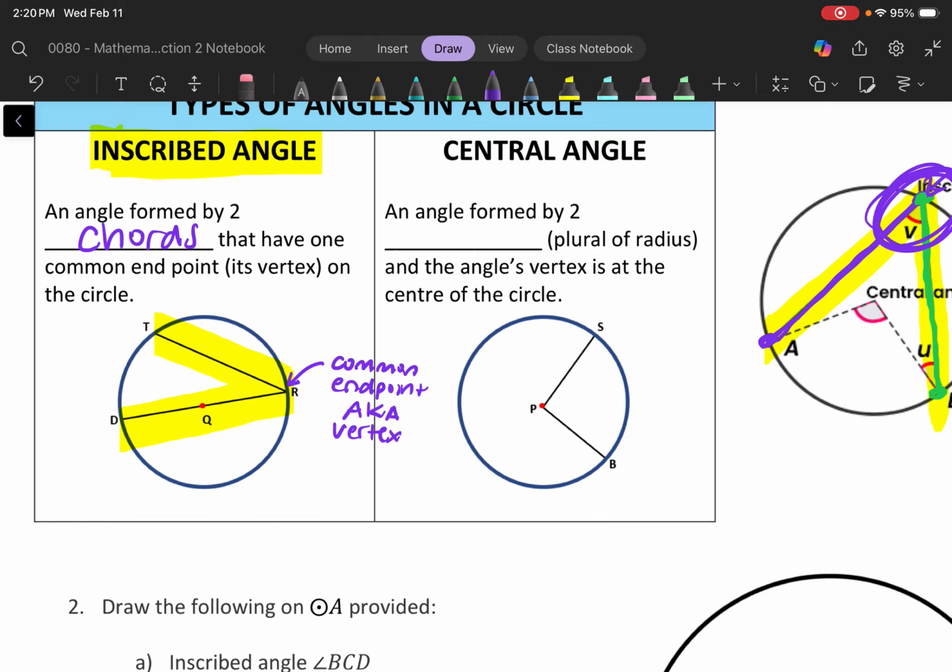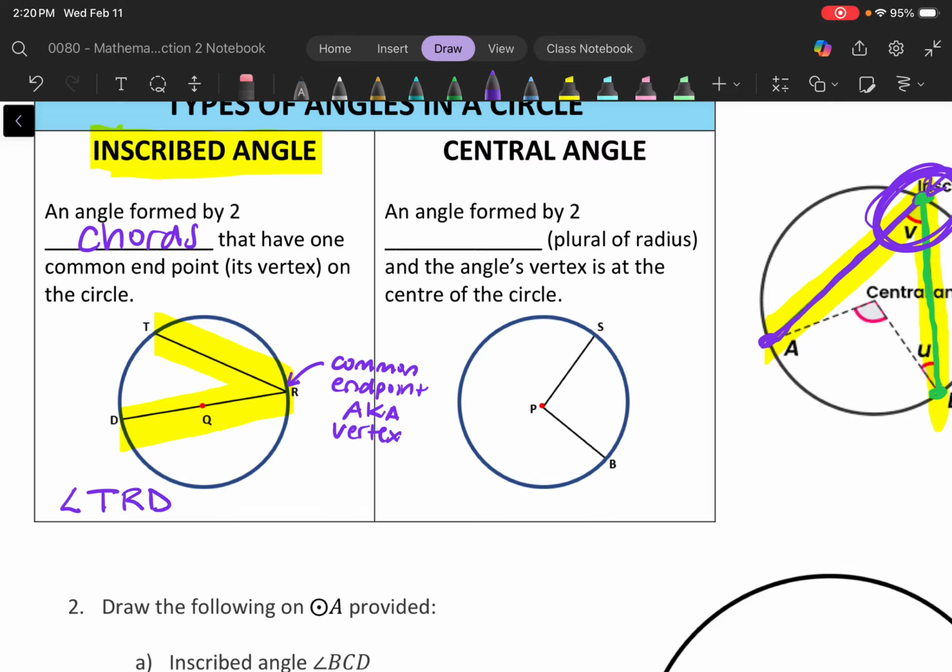And I can go ahead and name that inscribed angle. When I name it, I'm going to start at one end, go to the vertex, and go out. So when I do that, I have angle TRD.